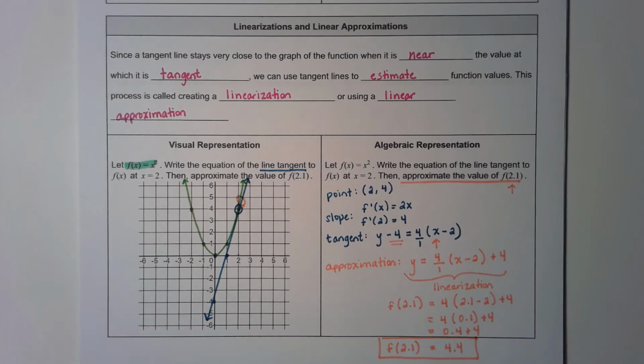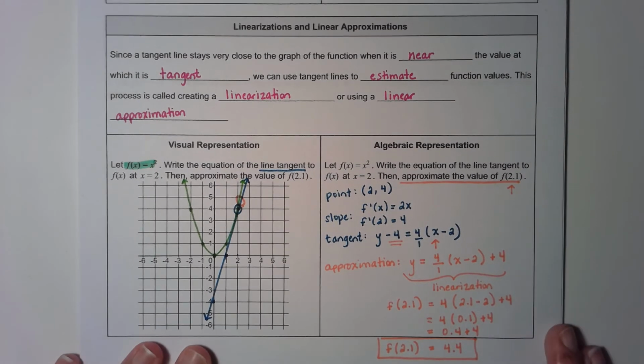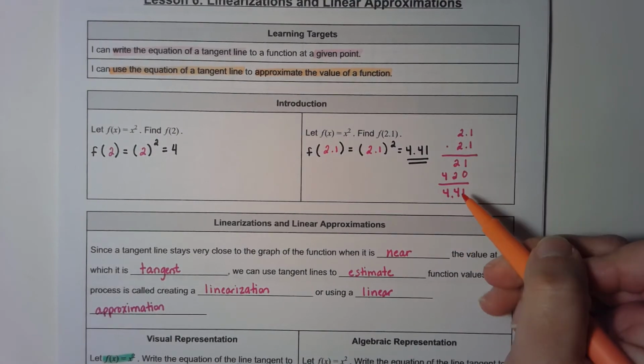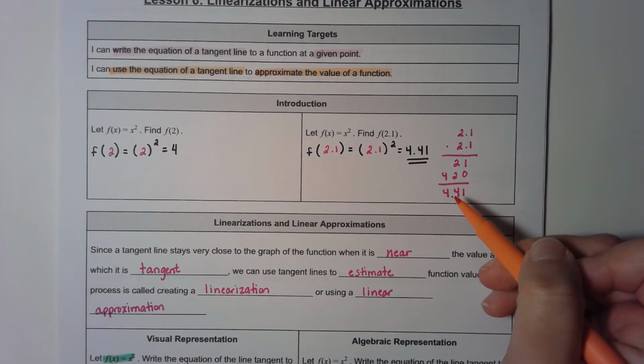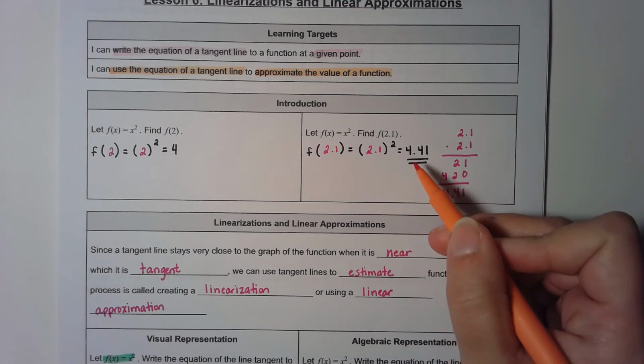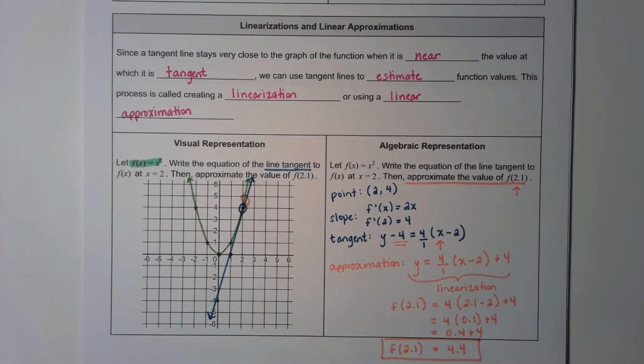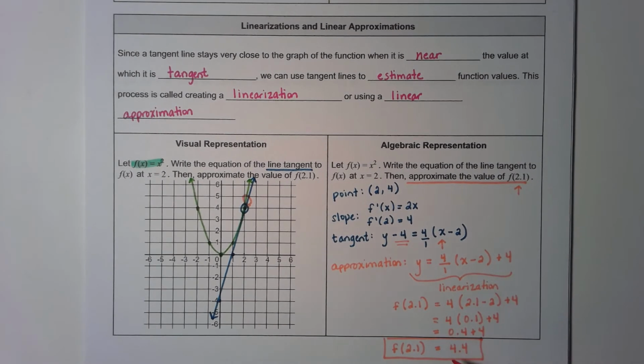We can confirm this by going back to our original example. If you'll remember, in our original example where we actually calculated this out the long way, 2.1 squared was 4.41. Our exact value was 4.41. Our estimation was 4.4. Now, those are very close together.